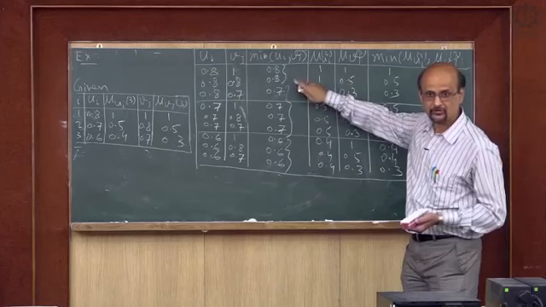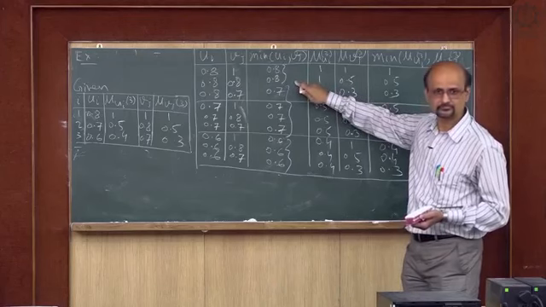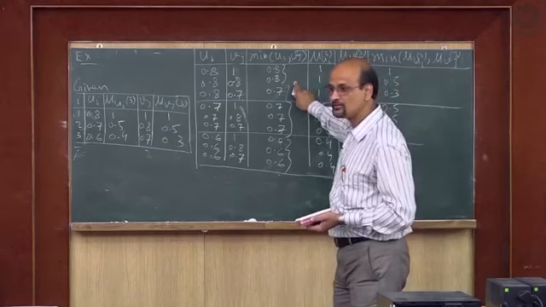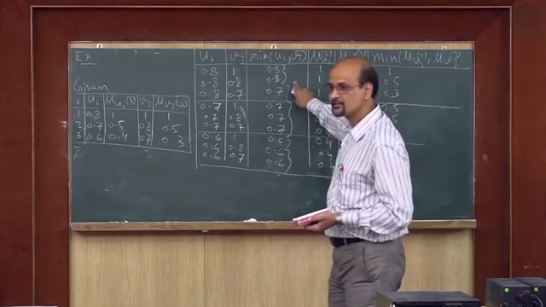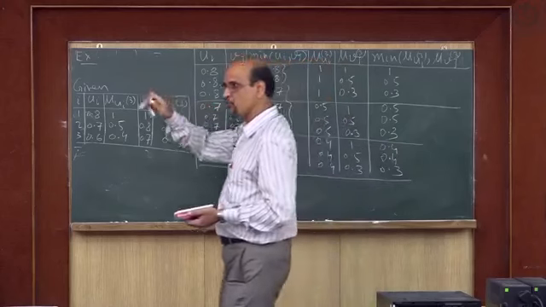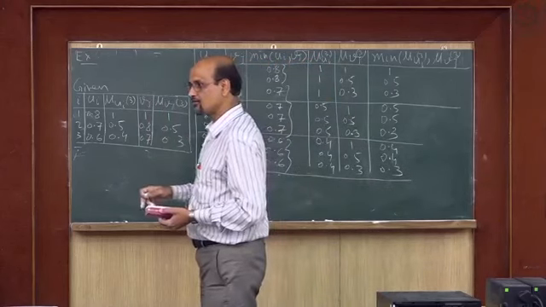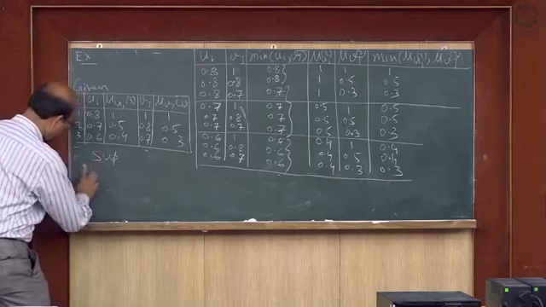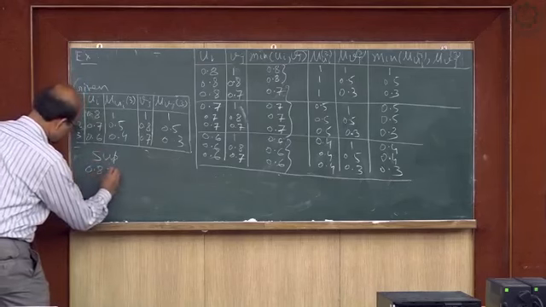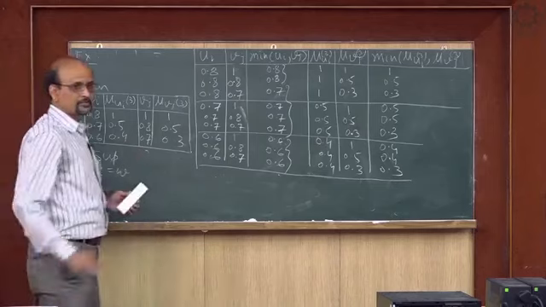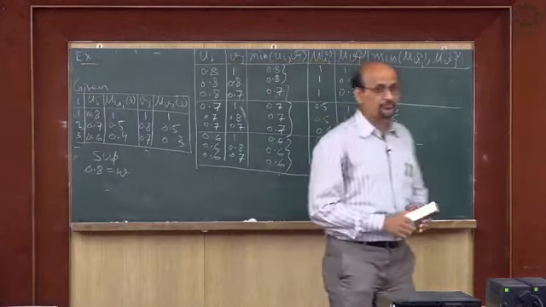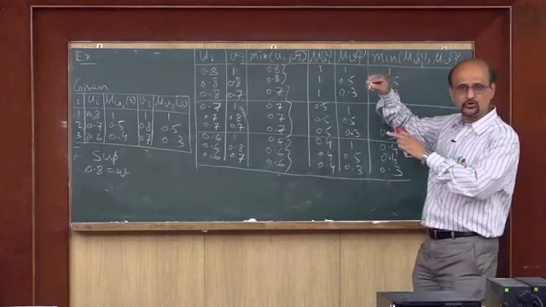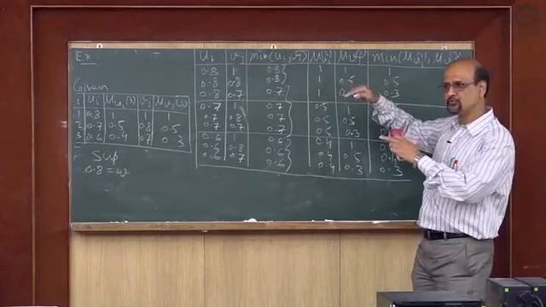Okay? Means I have to find the supremum at W equal to 0.8. That will be your first value of mu A intersection B. So, I can have sup W, or 0.8 is equal to W. Then we have the minimum of mu u i and mu v j.